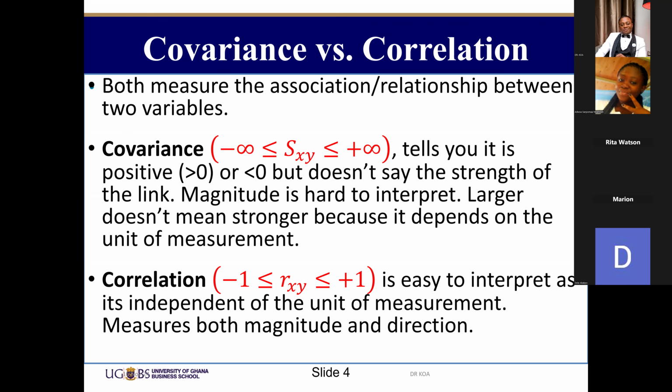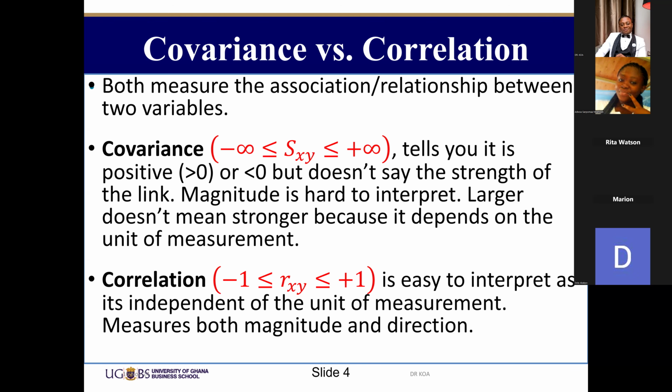That's covariance. It tells you that the relationship is positive or negative, but it doesn't tell you the strength of the relationship, or how deep the relationship is. It's very difficult to tell the magnitude. You may have a situation where one is 24 and the other is 29.